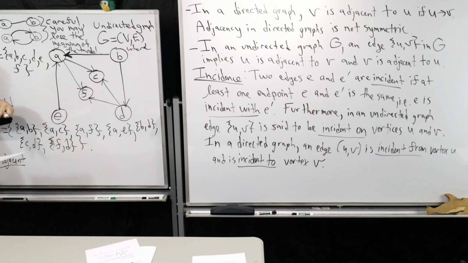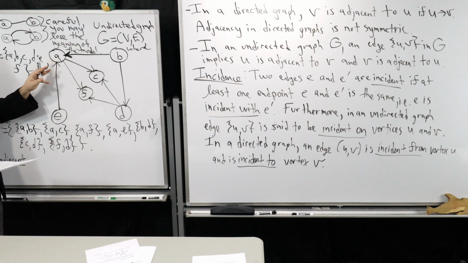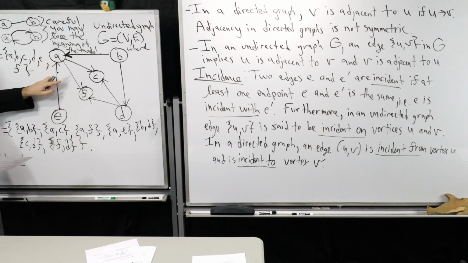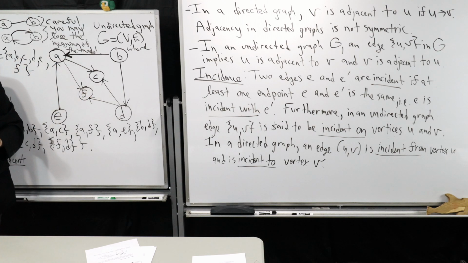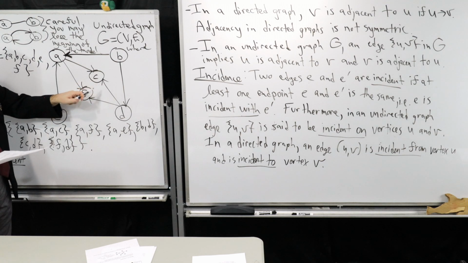and I can also say other things. So notice I could say it's incident from A, and then I could say, okay, well, then it's also incident to C. If I'm talking about the arc from A to C, I can also say it's from A, and it's also incident to F. Then you can also say other things such as, for example, if I consider this directed arc right here, the arc DC is incident to vertex C, because notice this is where the head of the arrow points.